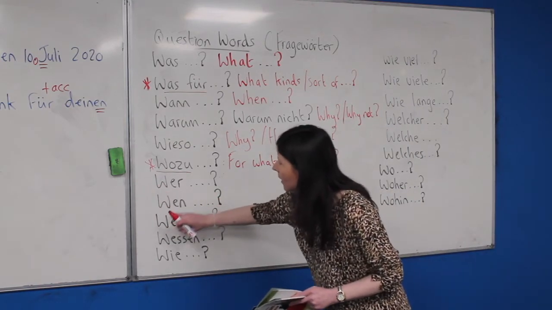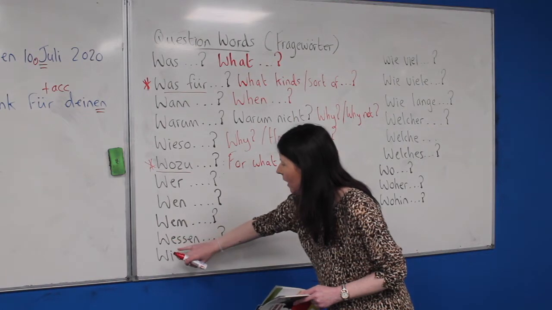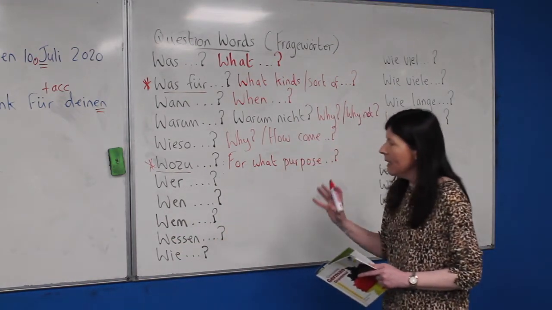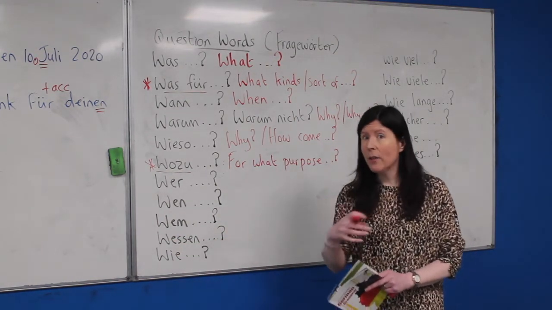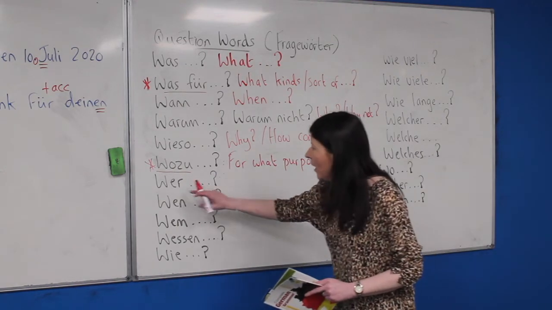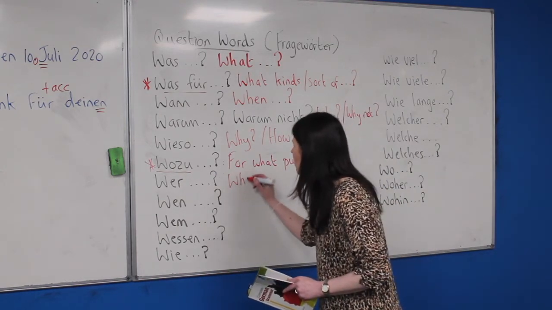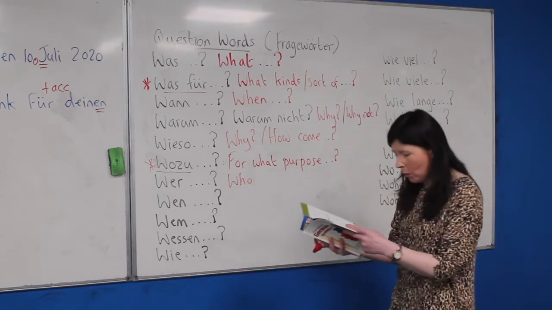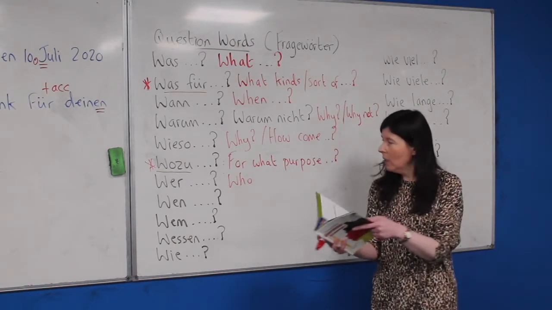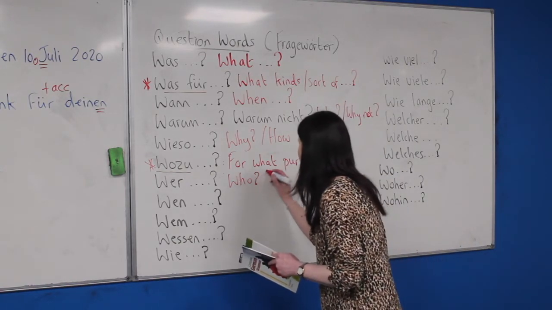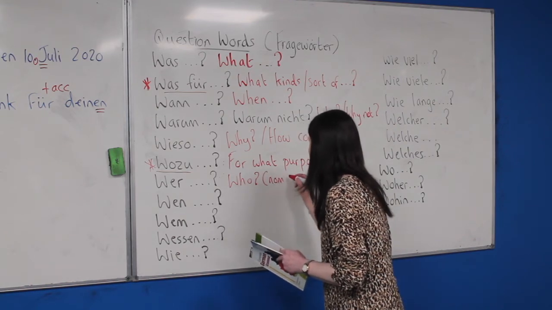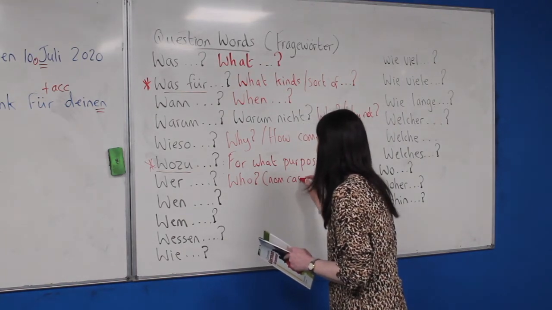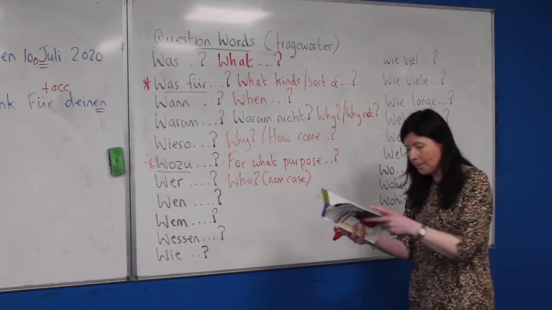Then we have a set here. We've got wer, wen, wem, and then wessen. These all denote who, okay? And they're linked to the cases. So wer is who when you're dealing with the nominative case. So I'm just going to put beside it nominative. As per the book, nominative case, that's who.